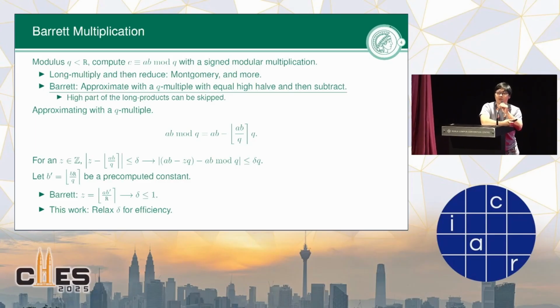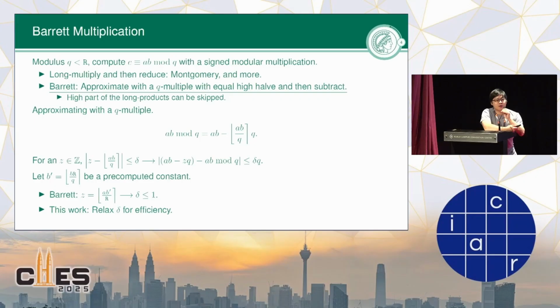Barrett multiplication, however, proceeds quite differently. In principle, it tries to compute a reasonably accurate Q multiple and subtract the Q multiple from the long product, hoping that the high parts of the long product are equal. If they're equal, we can skip the computation of the higher bits.